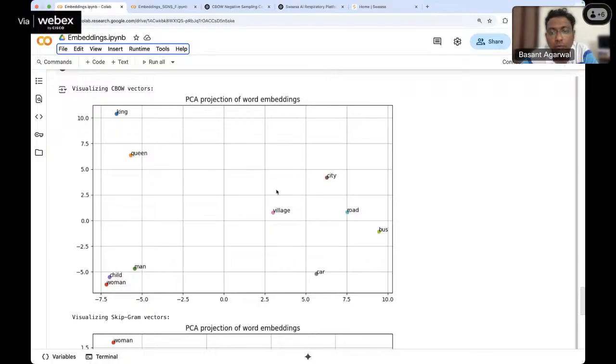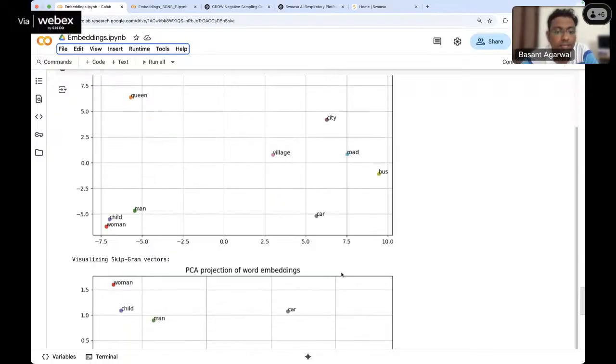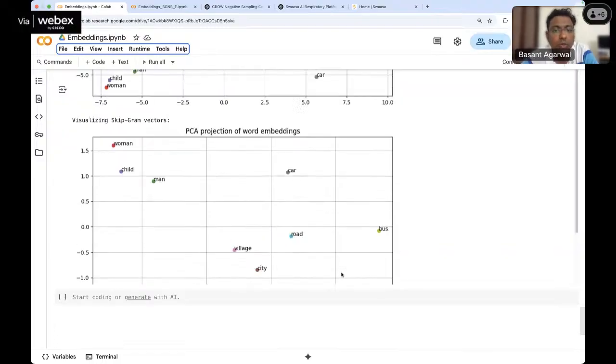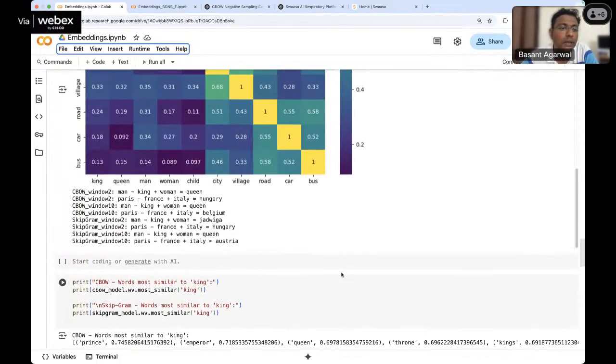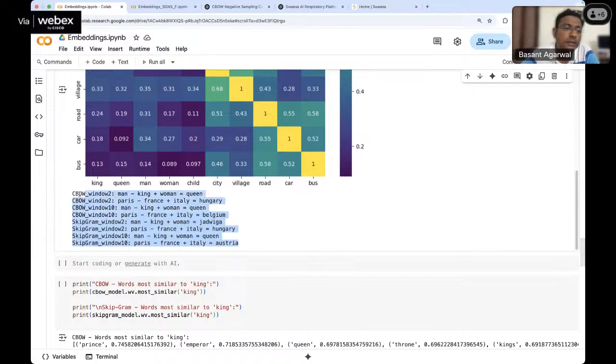King, queen, village, road. These same simple words are also not there. Yeah, here. So this is the result when I try to see the analogy for men, king, and women, and king. And Paris, France, Italy.